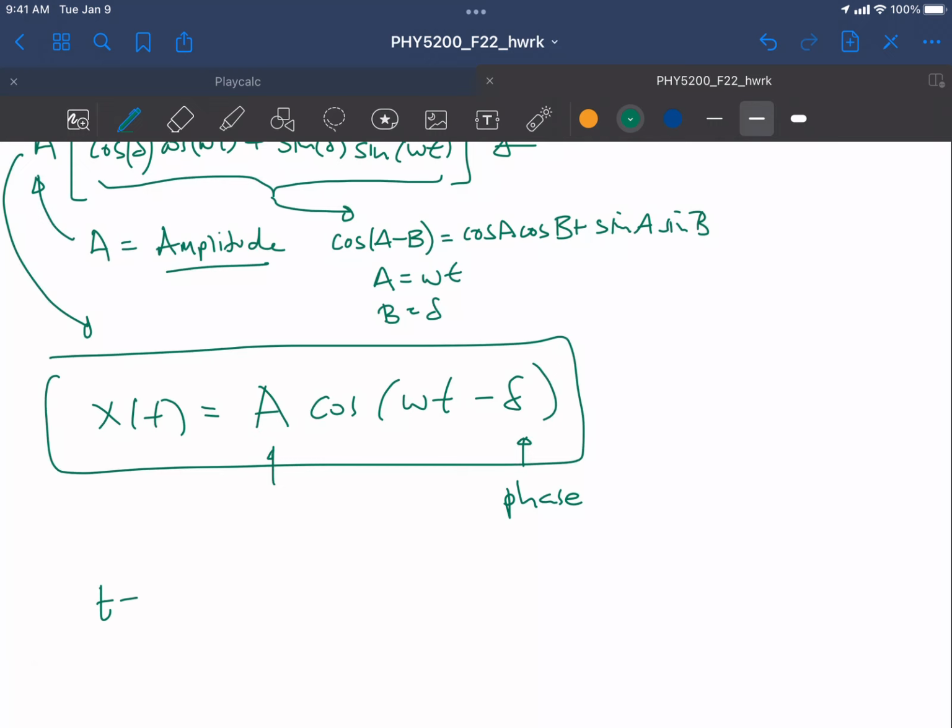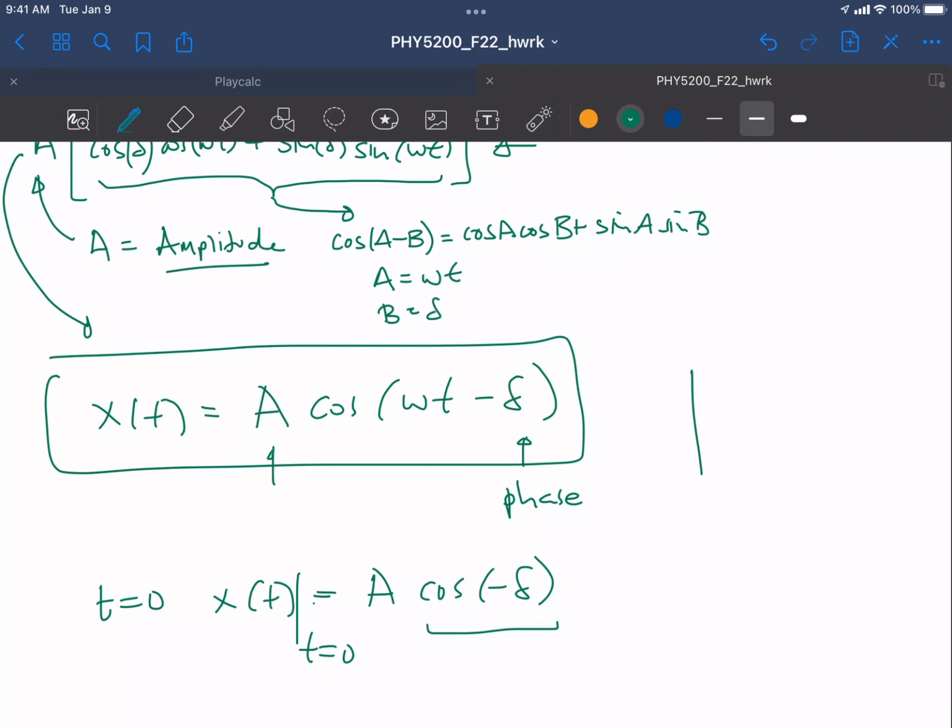At t equals 0, we have that x of t at t equals 0 is equal to a times cosine of minus delta. And this is some number that is some fraction of 1, possibly with a sign. So in this case, the oscillations are lagging behind a simple cosine solution by this phase shift delta.